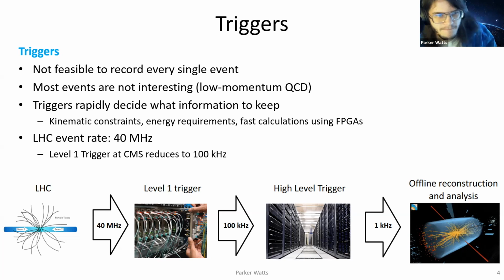At the bottom, I've got a graphic of the trigger system of the CMS, which is important because the project is focused on the level 1 trigger, and that reduces the event rate from 40 megahertz to 100 kilohertz.